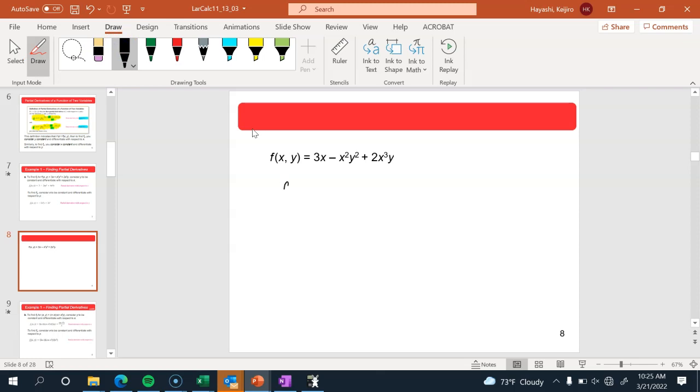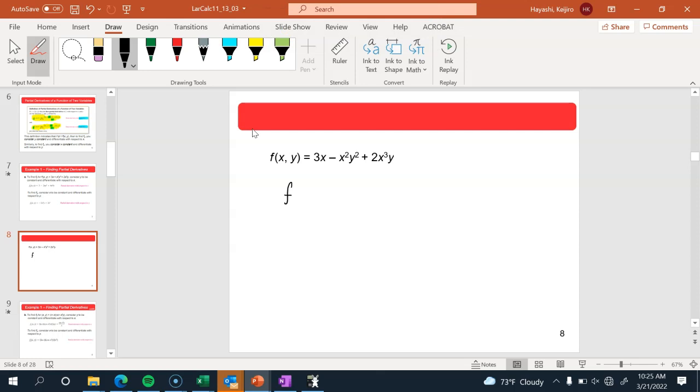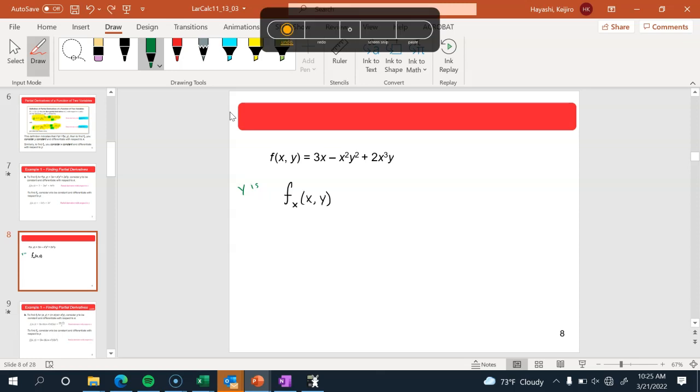So let's say we're looking for the partial derivative with respect to x. That's going to be denoted with a regular sized f, but then a little x as a sort of subscript to that. This is the partial derivative with respect to x. So what this means is y is constant, or consider y to be a constant.